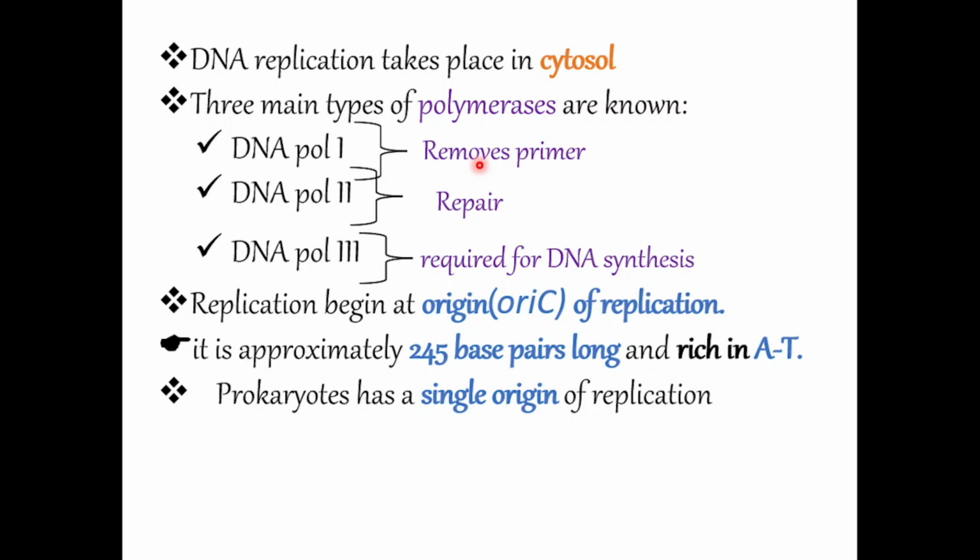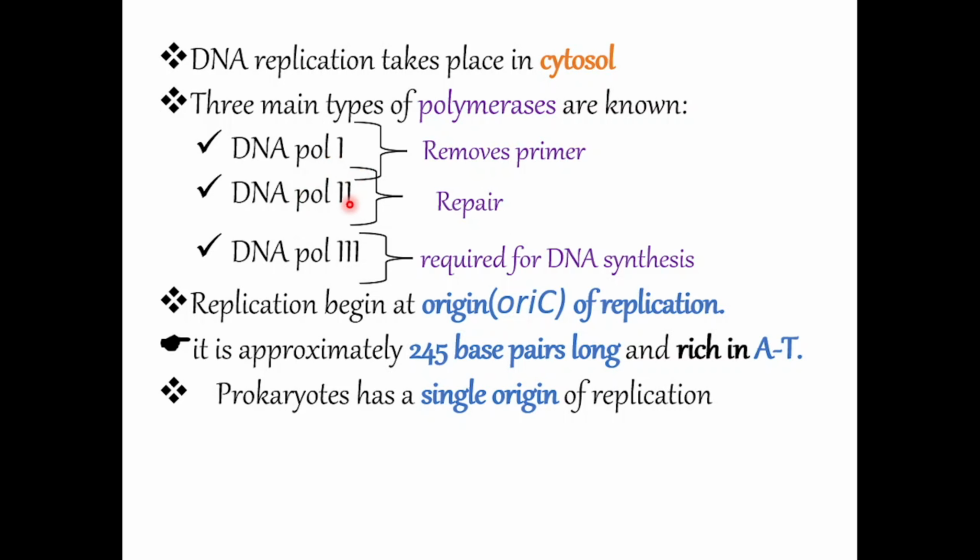Last time in my video I defined a primer. It is a short strand of RNA that is important to start replication. After replication has started, it will be removed immediately. Removing it is the role of DNA polymerase 1. So DNA polymerase 1 removes primers after DNA replication begins.